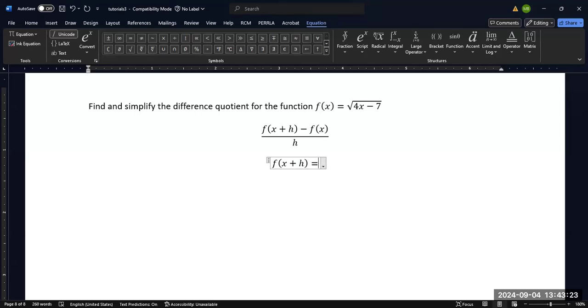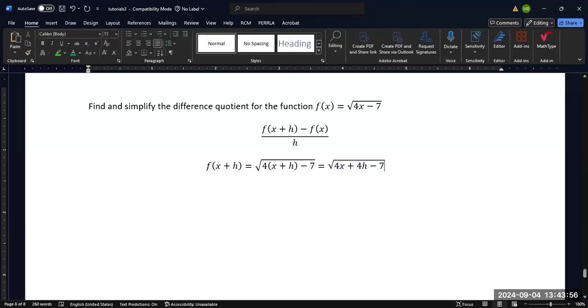f of x plus h gets replaced in our function where x is. So this is going to become the square root of 4 times (x plus h) minus 7, or you could write it, if you wanted to, as 4x plus 4h minus 7. Again, this doesn't really help much, but if you want to get rid of the parentheses like that, you can.